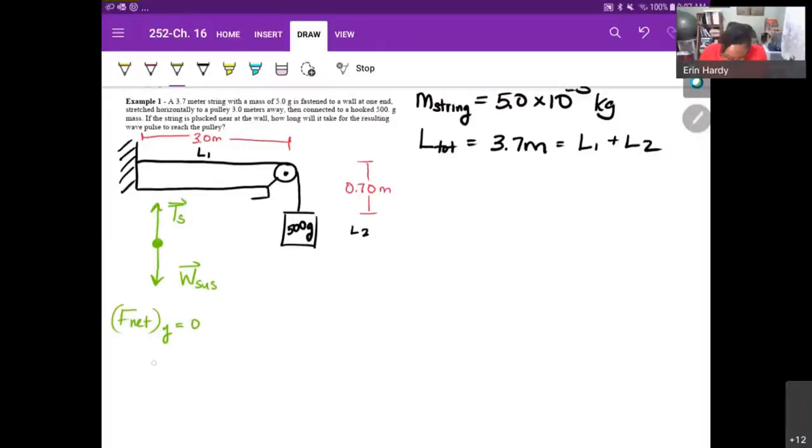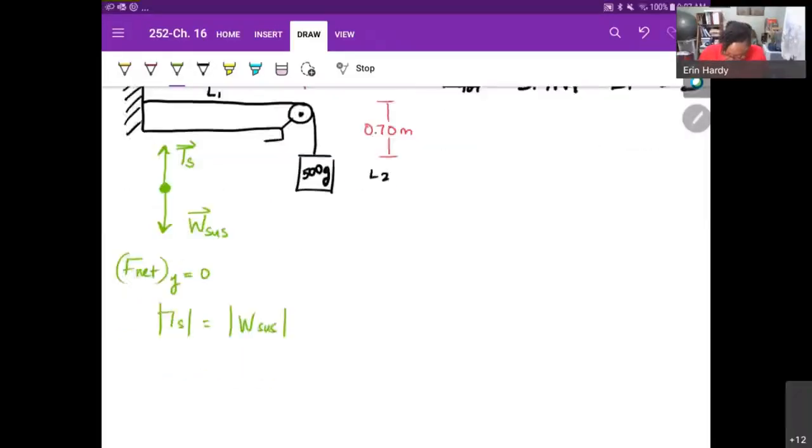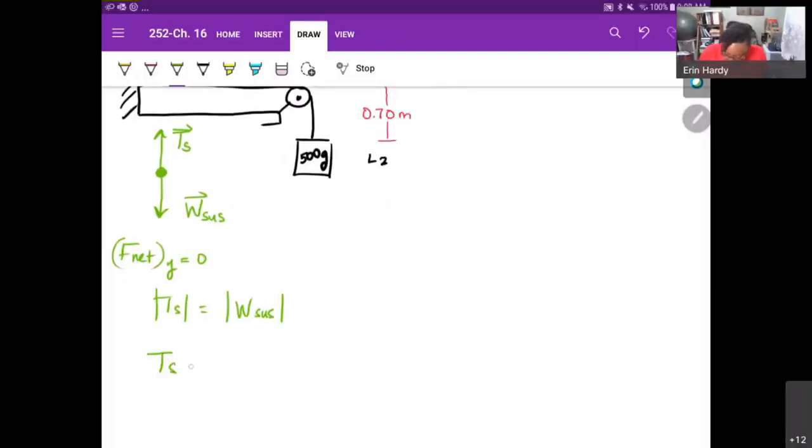So I know that TS has the same magnitude as W sus, the suspended weight. The suspended weight is just going to be M suspended times free fall acceleration. So we can calculate the tension in the string outright.